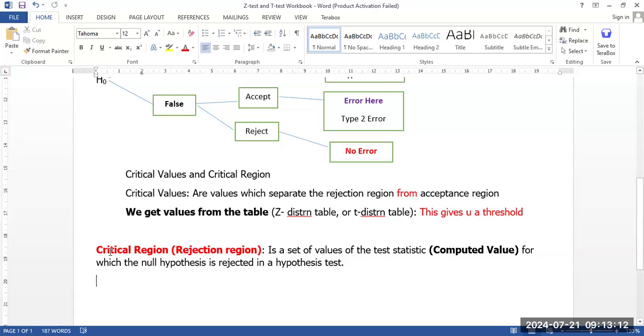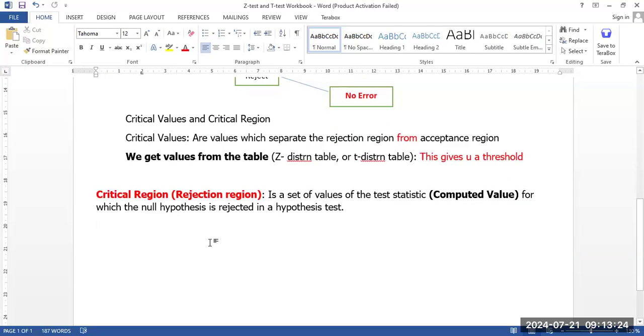That's the meaning of this critical region. Of course, it contains those values for which you're going to reject your null hypothesis. But the diagram can make it clear.